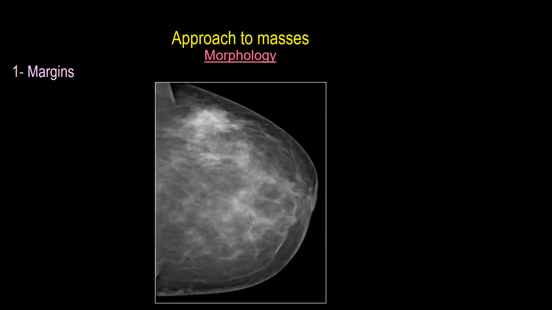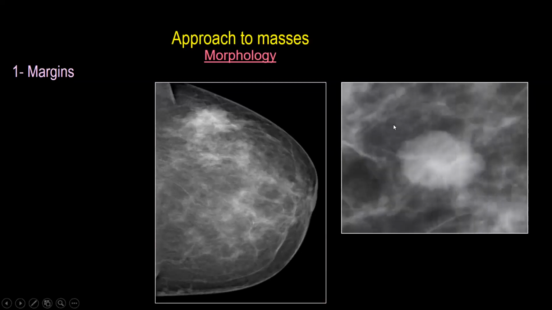And this margin here, indistinct, and look for spiculated. Microlobulation is predominant, there is subtle spiculation. But if you can see it here, this is another example, more obvious than this.